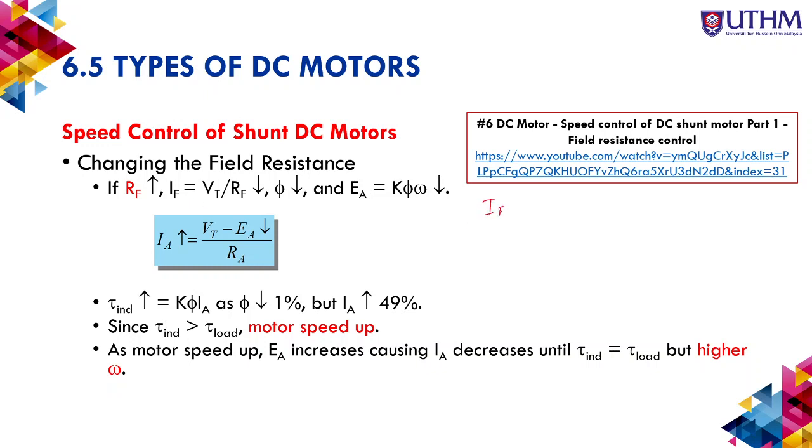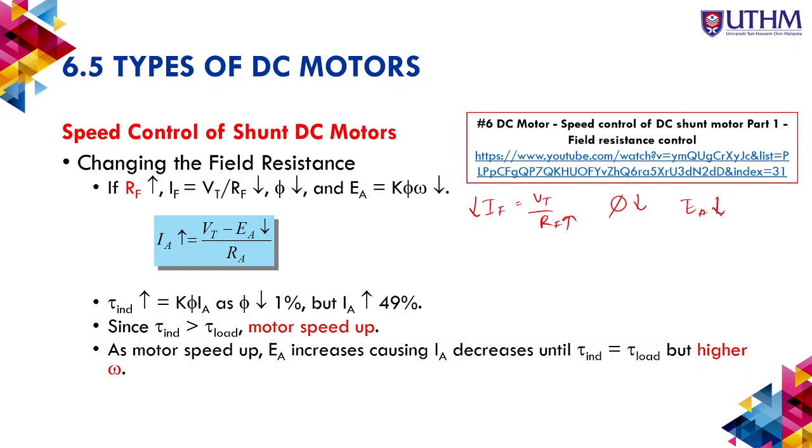IF equals VT over RF. So when RF increases, IF will be reduced. Once you reduce the current for the magnetic field, the flux also will be reduced, and then EA also will be reduced.